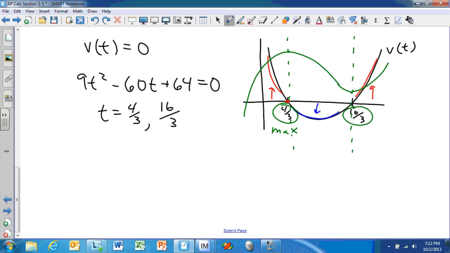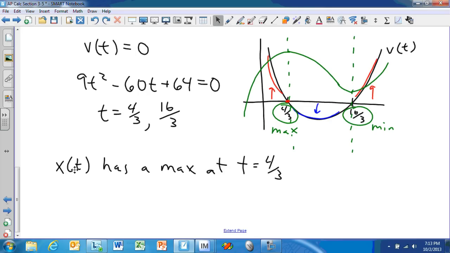And I have a minimum right here at 16/3. So to answer their question, x of t has a max at t equals 4/3. And if you were to sketch the original displacement function, you would see that that's the case.